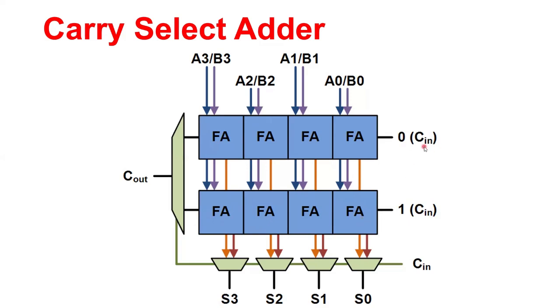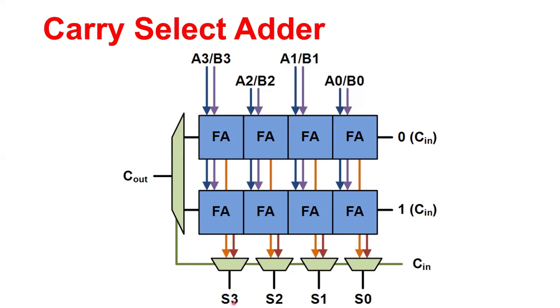And then based on whether C in is 0 or C in is 1, one of the sum outputs here gets selected as a final sum. So that is sum S0, S1, based on the select line, whether the sum from the bottom or the sum from the top will be selected, then goes S2, then goes S3.